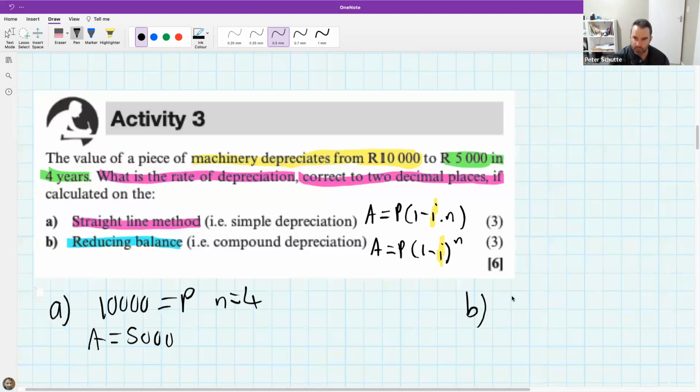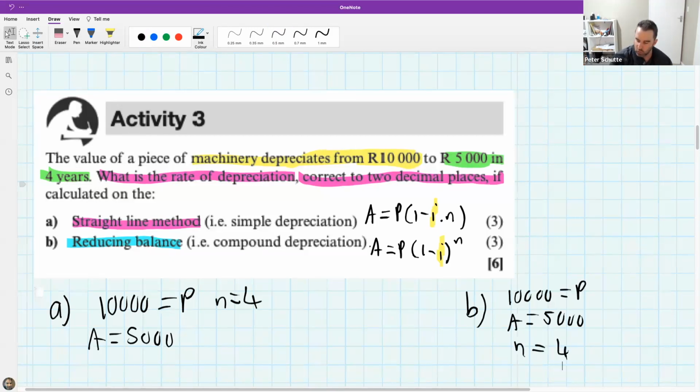Perfect, Lorato, yes. And the same thing is going to be true here. The initial value is p. Because you're losing value, the final value is lower than the p-value, and then the n is going to be 4. But you still need to work out what the depreciation rate, or the I, is in this calculation.